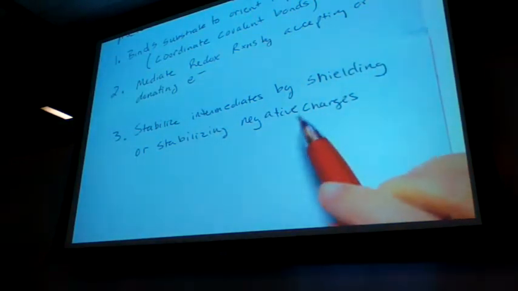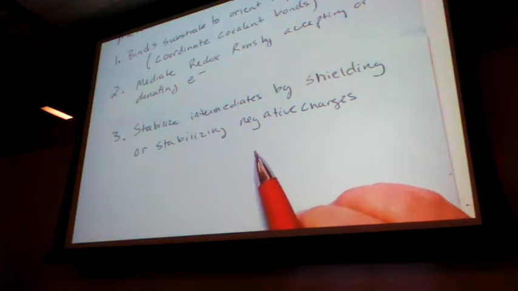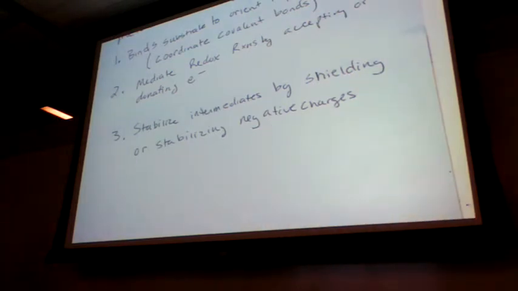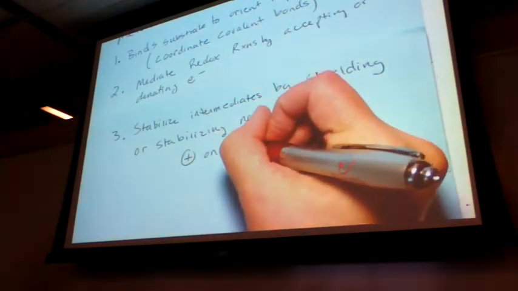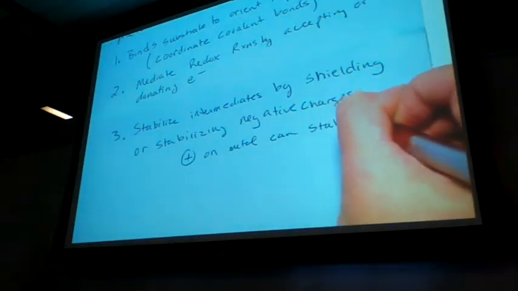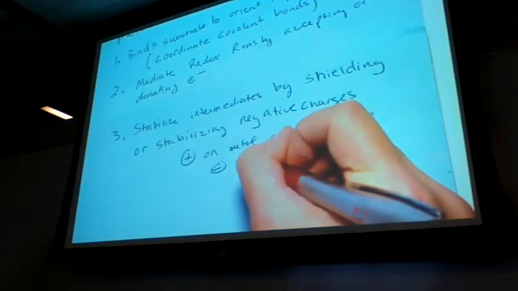So it could just be a case that you've got a bunch of highly unstable formal charges and you need some sort of positive charge to offset that. If you have a positive charge on the metal, that can stabilize negative formal charges on the substrate.